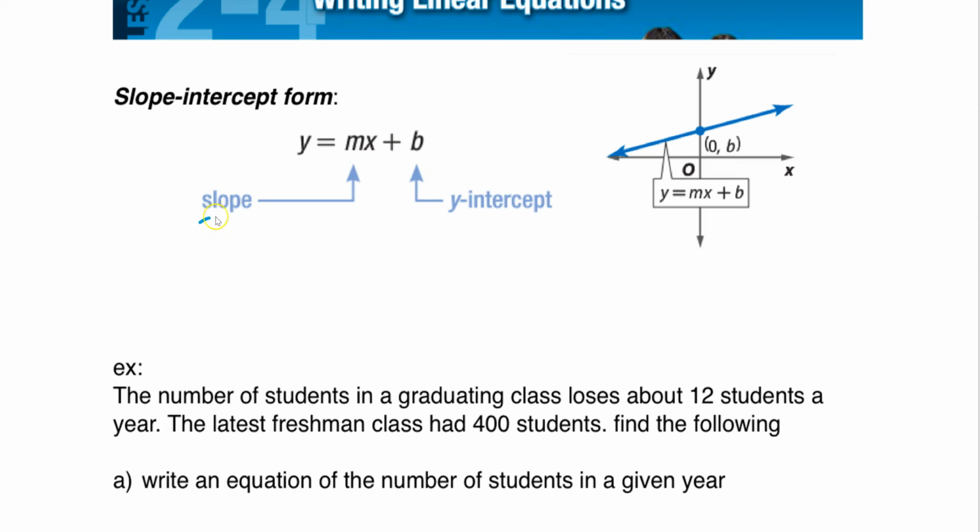So remember, slope is another way to say rate of change. A lot of times you see that as a per. You see the word per, you're talking about the slope. Y-intercept is also known as your starting value, because your x is 0, so this is your starting value, your initial value.